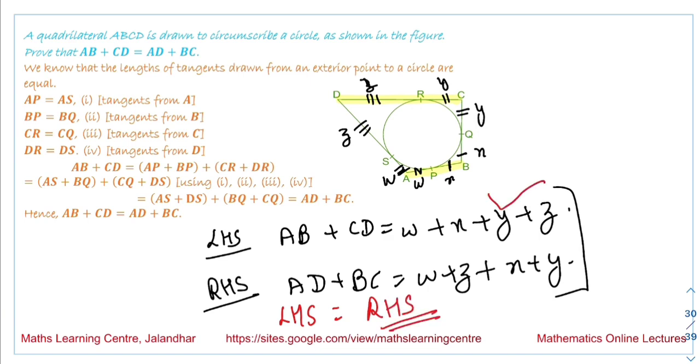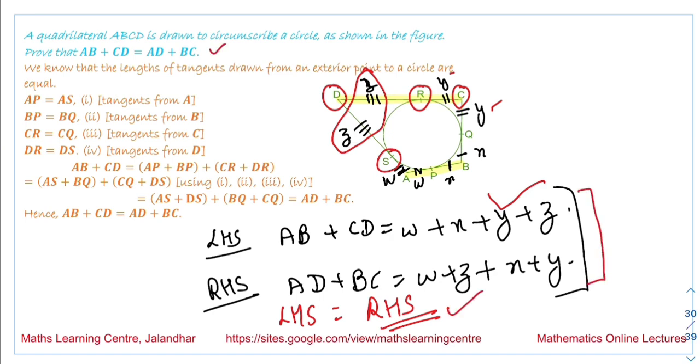Why are we getting these conditions? Because D is the external point over here, DR and DS are the tangents from this point, so both will be equal. This DR is equal to DS. Similarly, we consider this point C, we have two tangents, both of them are equal. Then using these results we can prove the final result, that AB plus CD is equal to AD plus BC.